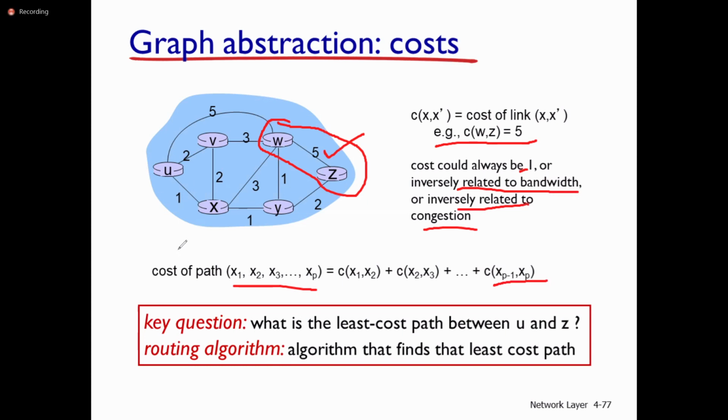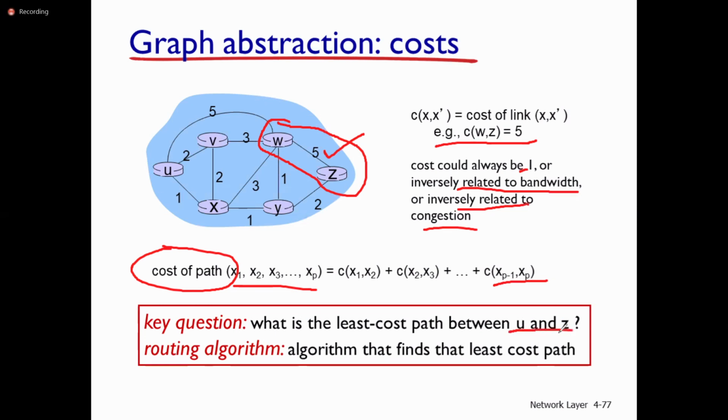Here our interest is to find the cost of the path from source to destination. We need to find the shortest path from source to destination so that the cost of the path will be less. The key question is: what is the least cost path between U and Z, for example?